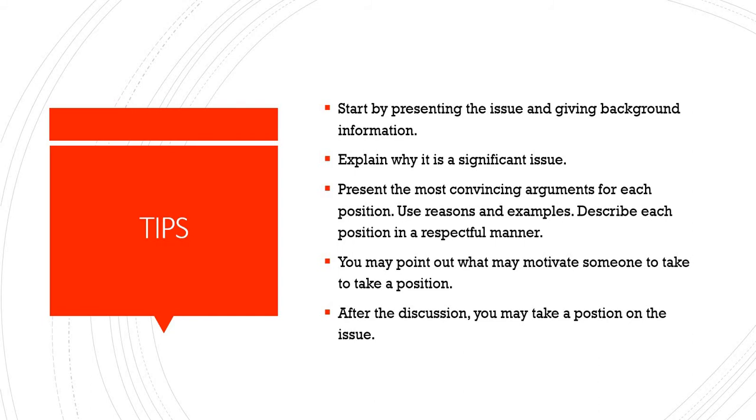Okay, so let me move to the tips, which are very short, not complicated. The first thing you have to do is present the issue and give background information. It would be nice if you're going to talk, for example, about robots. You will need to start talking about robot history.